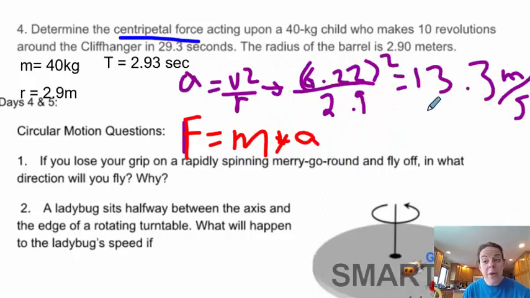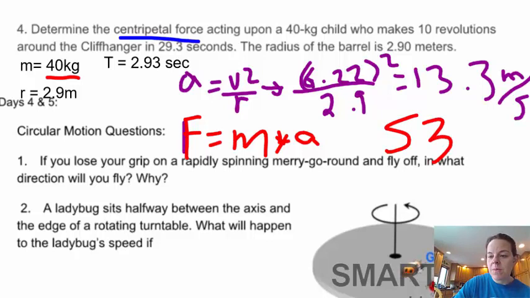After we've gotten our acceleration of 13.3, we plug it into F equals m times a. Your mass is 40 kilograms, so 40 times 13.3 gives a force of 533 newtons.